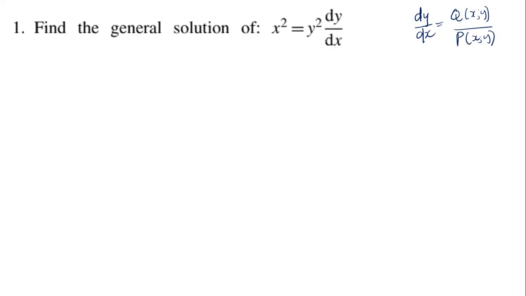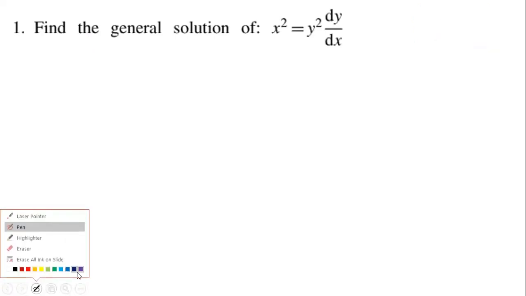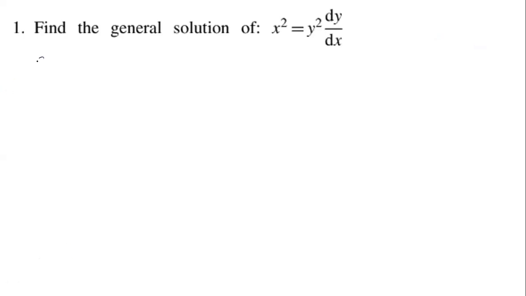So in this case, I have dy divided by dx, which will be equals to, let me erase that. I erased everything, but it's fine. So that means dy divided by dx will actually be equals to x squared divided by y squared.